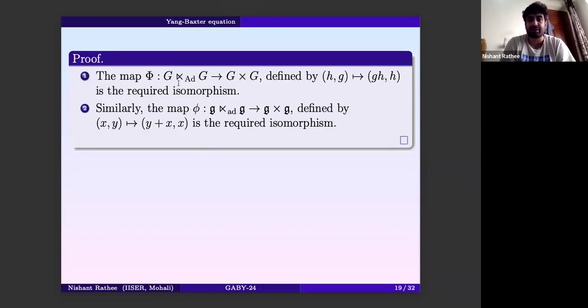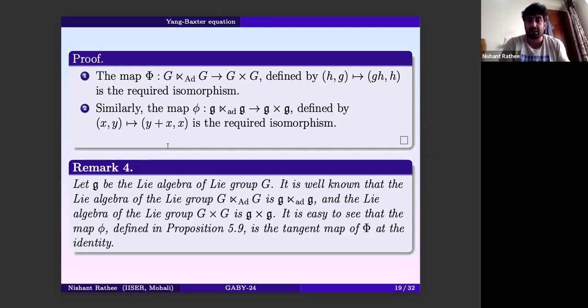You can define the map psi from the semi-direct product to the direct product as (x, y) going to (xy, y), and this forms an isomorphism, and you differentiate it. Then it will define an isomorphism of Lie algebras. Here it is very similar to the group case, (x, y) going to (y plus x, x). These are the isomorphisms between the semi-direct product and the direct product in both the group and Lie algebra cases.